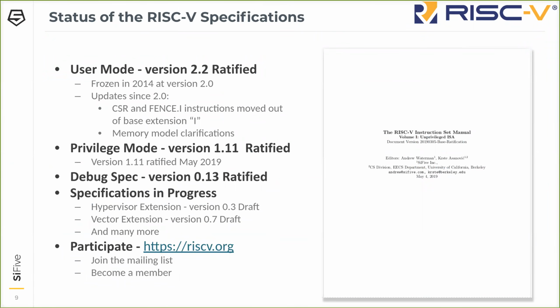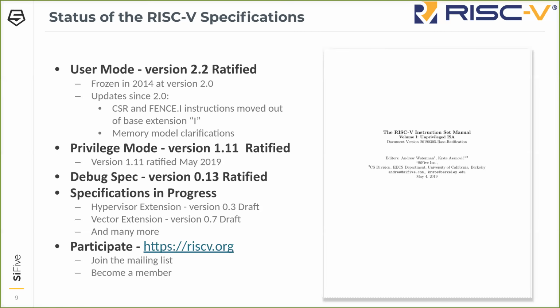In the RISC-V Foundation, there are a number of specifications. The two main RISC-V specifications are the user mode and privilege mode specifications. The current version of the user mode specification is at version 2.2. The user mode specification was frozen in 2014 at version 2.0.